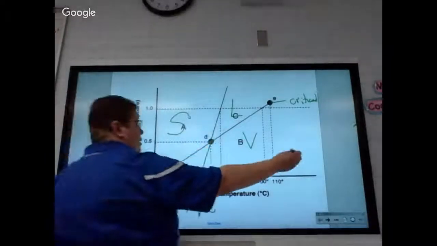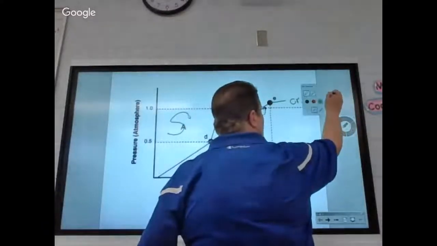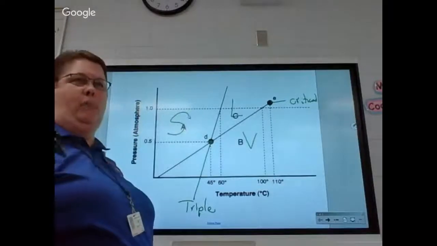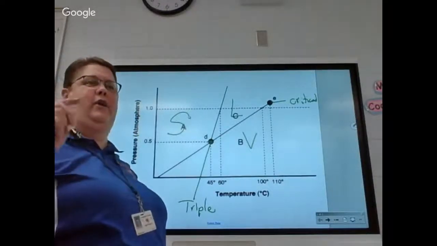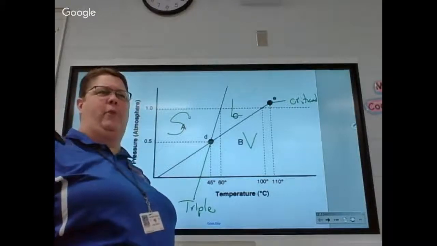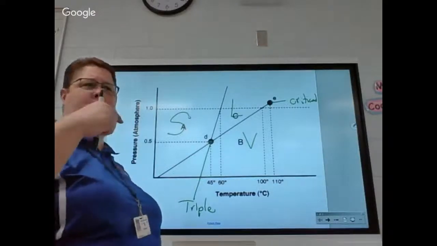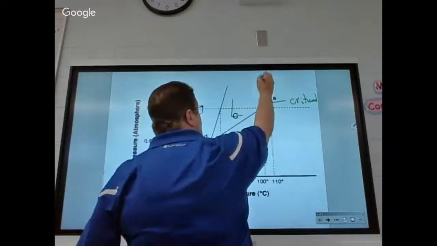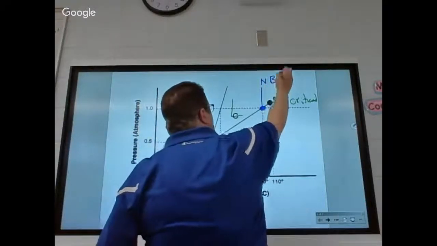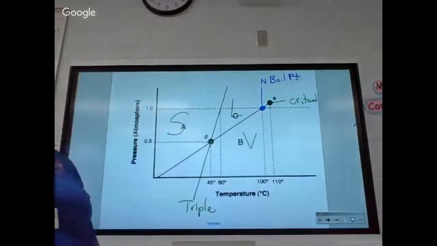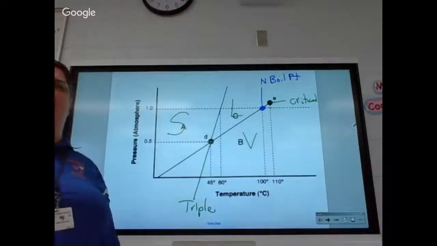So where they intersect at the liquid vapor line would be the boiling point, because that's just like the equilibrium vapor pressure graph we did. You remember we did the equilibrium vapor pressure graph on like Thursday of last week? So the liquid vapor line right here would be your normal boiling point. So when you say normal melting point, what line would you cross for melting?